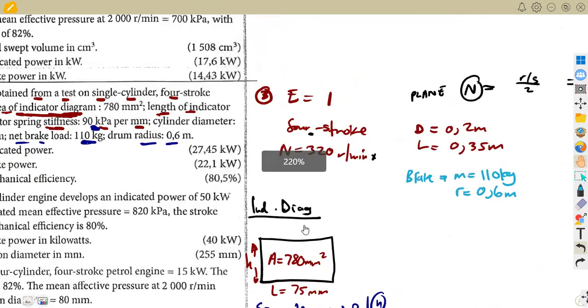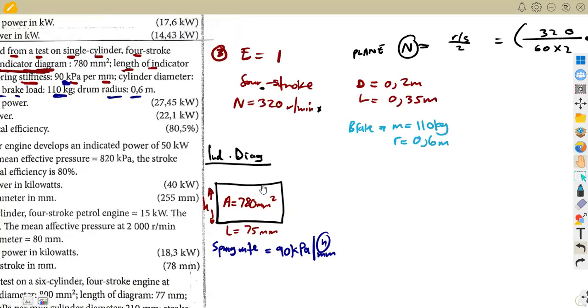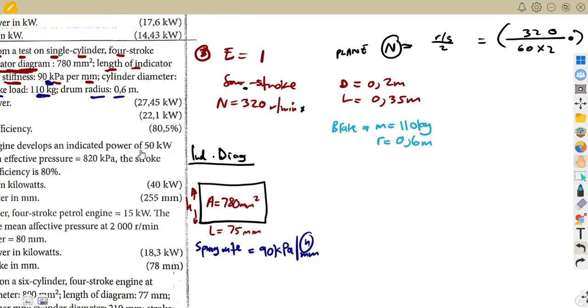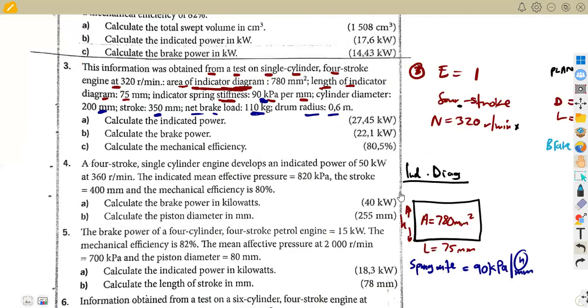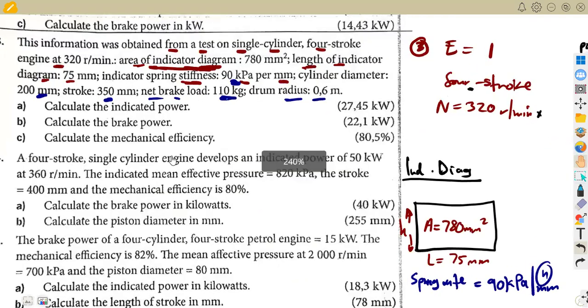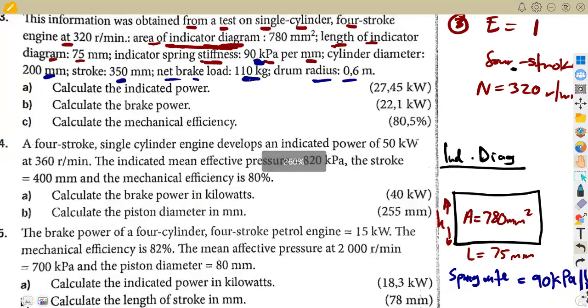So we are going to see our questions, but as you can see, it's little information. Calculate the indicated power. On the first question, we need the indicated power.